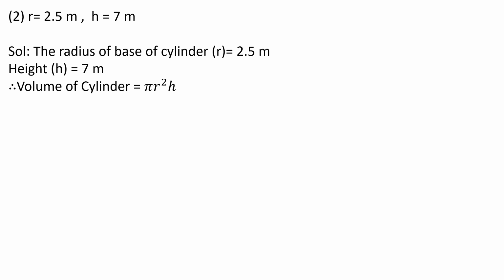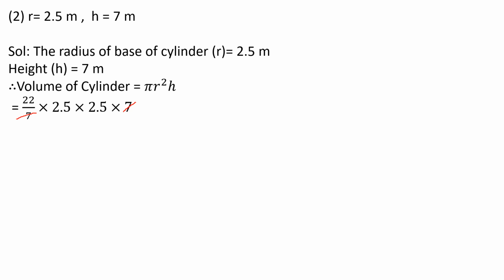Pi's value 22 upon 7 into r, which is given as 2.5. So r square is 2.5 into 2.5 and into h, which is 7. So we'll write down into 7. Now students, you can cancel this 7 in the denominator and this 7 of the height.